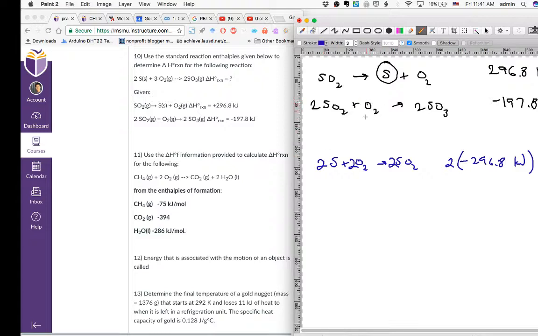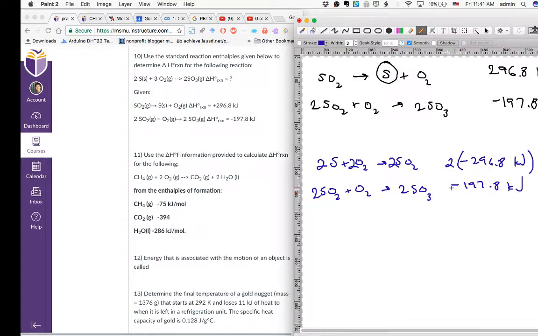So here I have 1 oxygen. Here I have 2 oxygens. I really need 3 oxygens, so I'm going to add this in here. And that's going to require me to use this also.